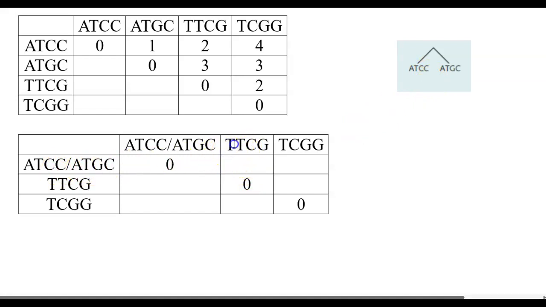To explain what I'm comparing, the first time I'm going to compare TTCG to AACC, and I can see that there are 2 differences there. The T and the C in the middle are the same, but the A and the C on the end are not.